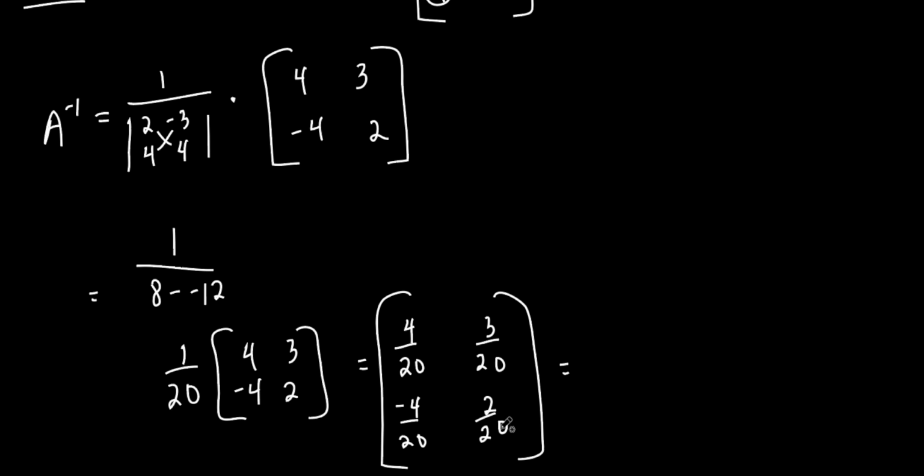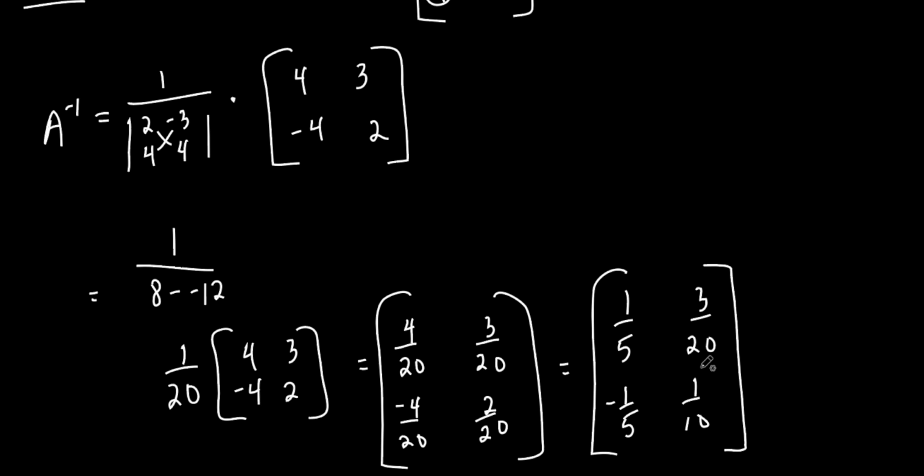And then if you can reduce some things, go ahead and reduce them. 4 over 20 reduces to what? 1/5. 3 over 20 does not reduce, so I just keep it 3 over 20. This one is negative 1/5, and this is what? 1/10? And there you go. You just found the inverse matrix of that original matrix. That's your answer right there.